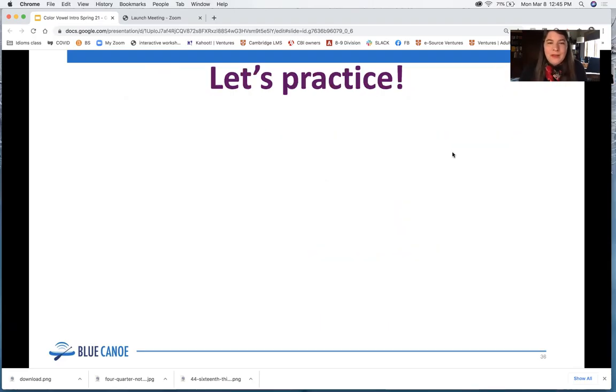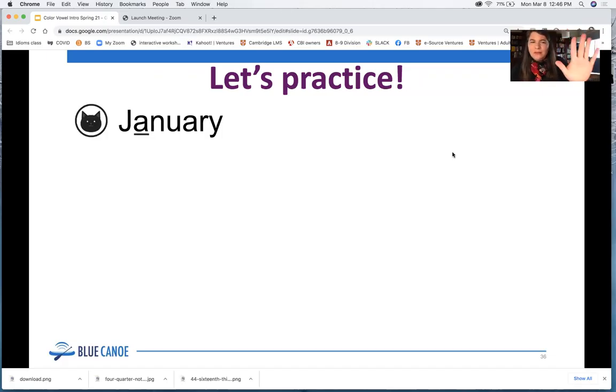So let's practice. Make sure you have your hand ready. You don't need to write anything down. We're going to practice together. I'm going to switch hands so I can do this better. So a word like this, we're going to do the months and days of the week. January, January. Where's the stress? Right there. January. Try it with me. January. What color is it?